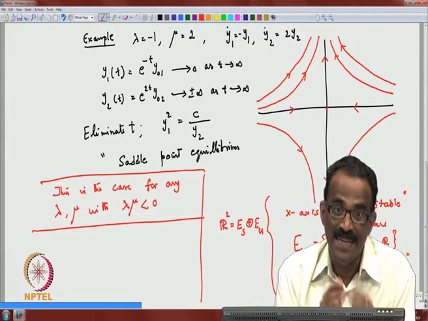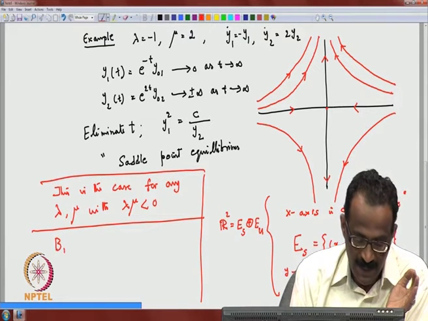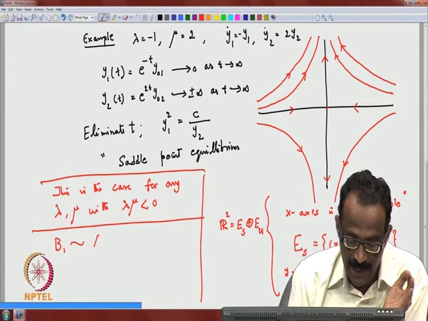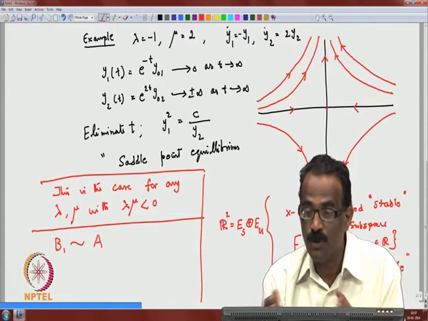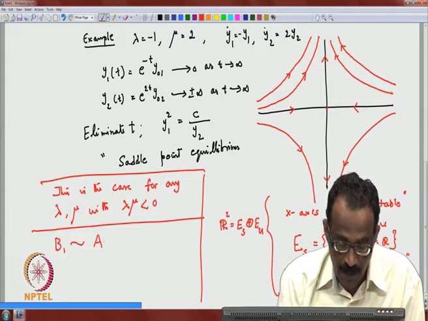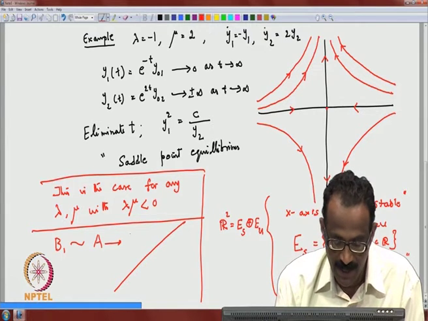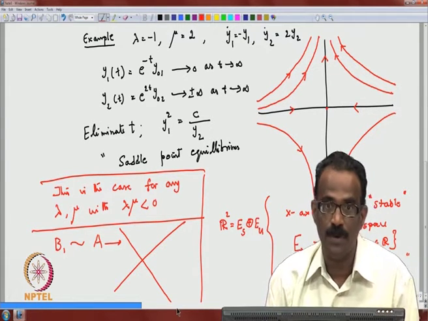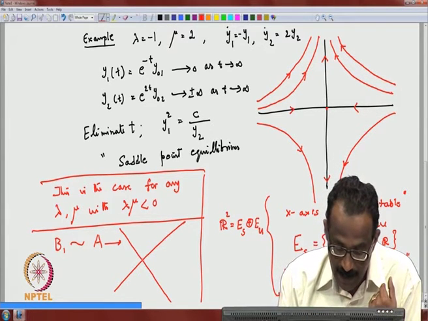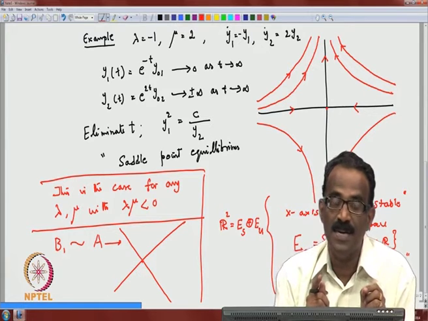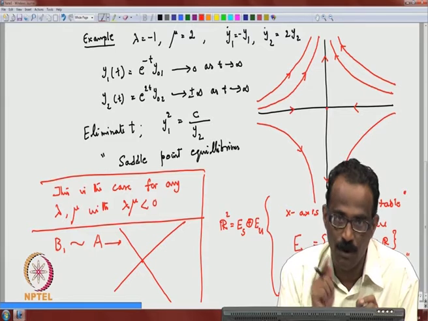If you make this linear equivalence, so if you have this particular matrix B1 which came from a linear equivalence A1, I told you this is just a change of coordinate system. So, instead of having this thing corresponding to A, you will have a new coordinate system. You may have another coordinate system, need not even be perpendicular, but the origin will still remain, because under linear equivalence there is only one equilibrium point, which is the origin.